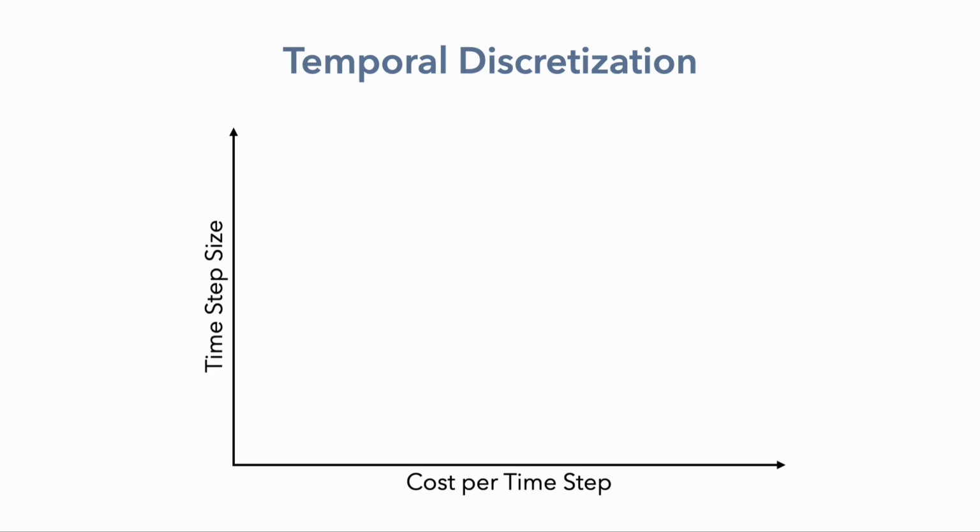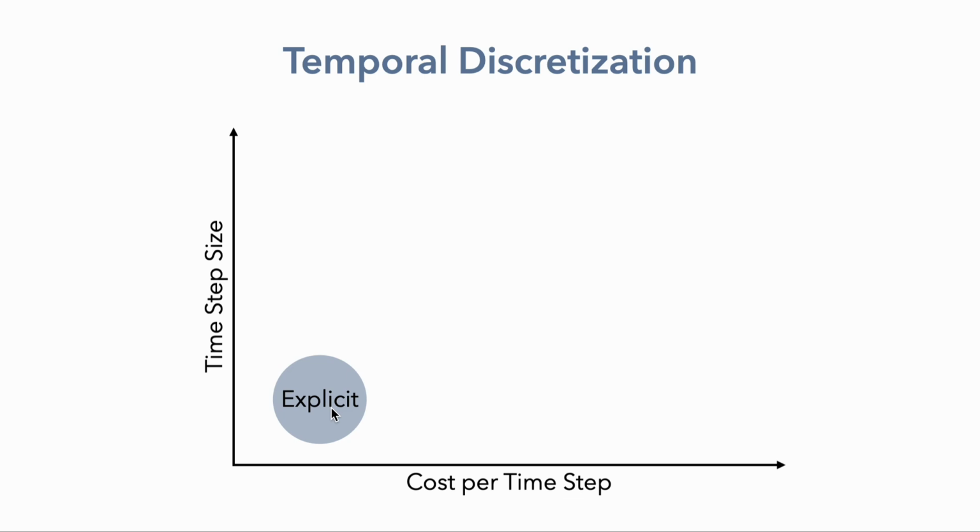So what I'm going to show on this plot is the maximum permissible time step size on the y-axis here, and the cost per time step. So if you look at an explicit scheme, just to give you a high-level overview, an explicit scheme is really cheap per time step. So each delta t that we take is relatively cheap, but the time step size itself has to be small.